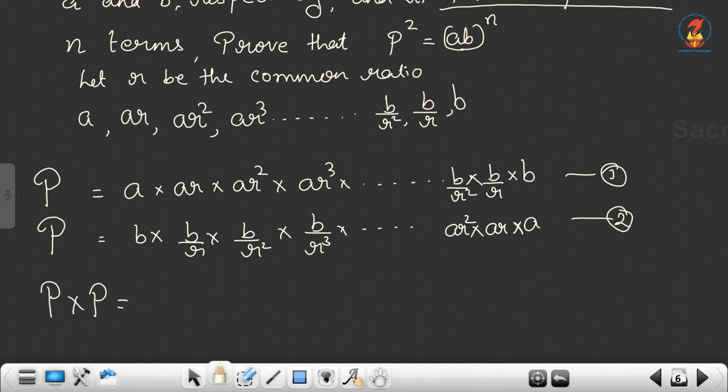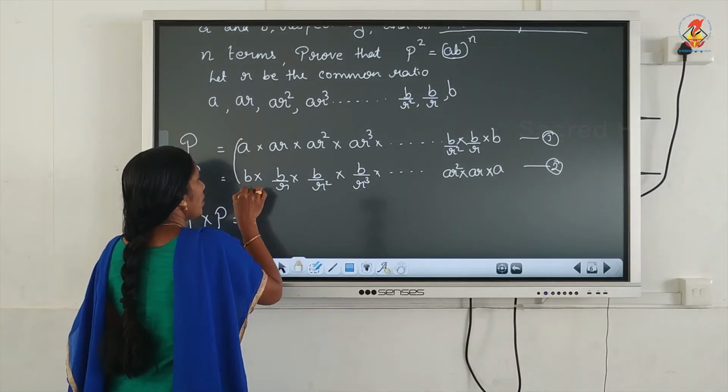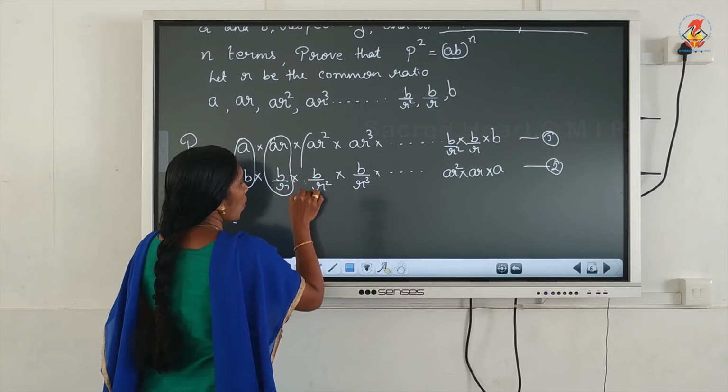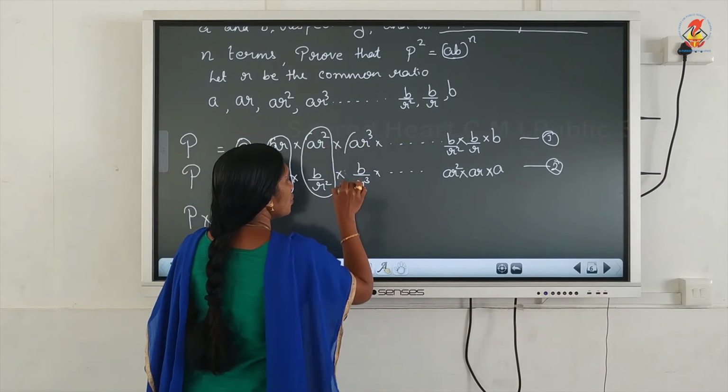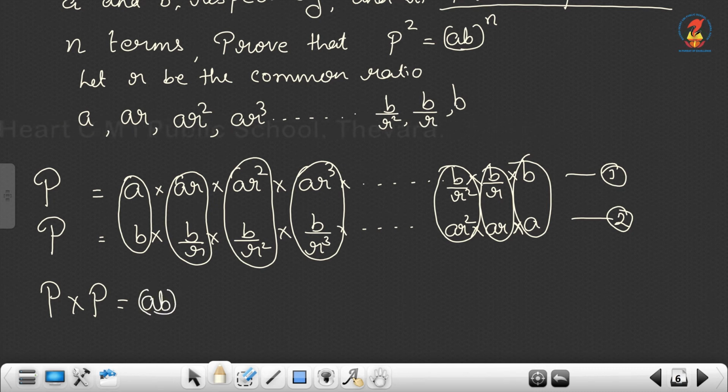Now here the right hand side how we multiply is multiply the corresponding terms. That's why we write in this order. So it is easy to multiply. Okay. So now you multiply, what we get? A into B, that is AB, put in a bracket.